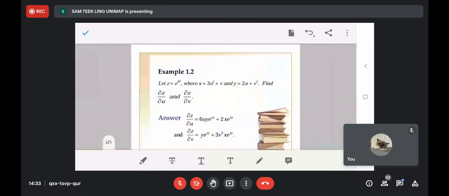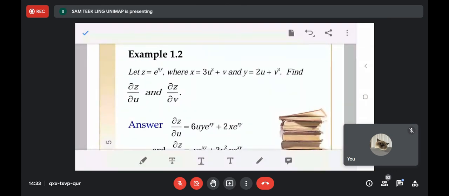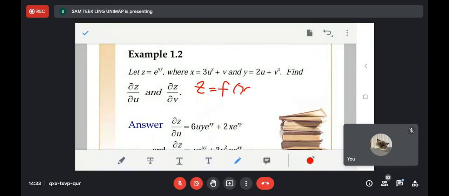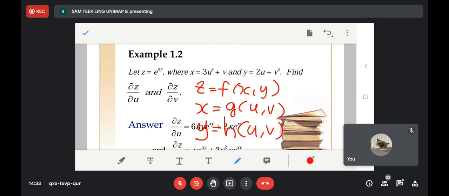You can see this one, your z is a function in x, y, then your x is a function in u, v, your y is also a function in u, v.